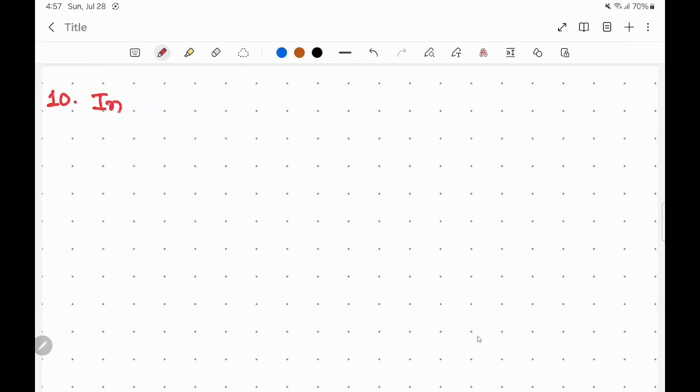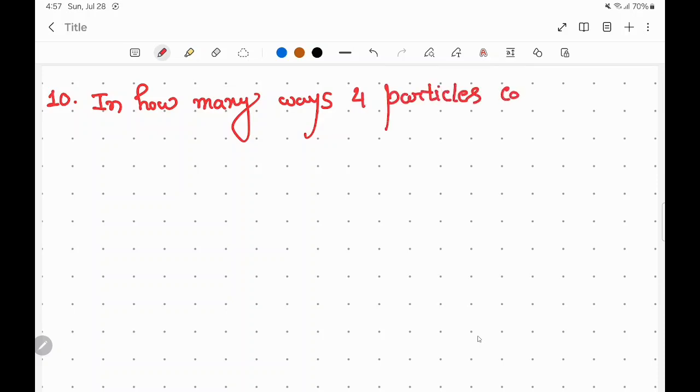In how many ways can four particles be arranged?